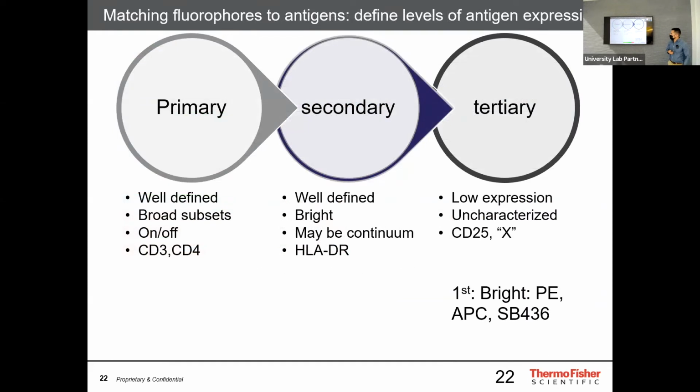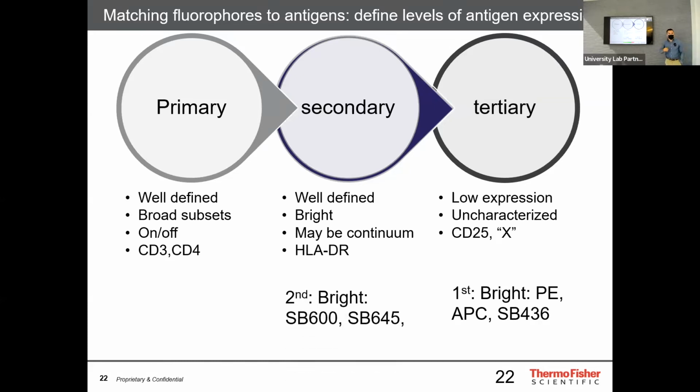Okay, so for these tertiary ones, this is the first thing you're going to want to focus on when you're designing the panel, because you want to make sure that these dim markers or these unknown markers get the best fluorophores. So you're going to put them on bright fluorophores like PE, APC, or some of the super brights.